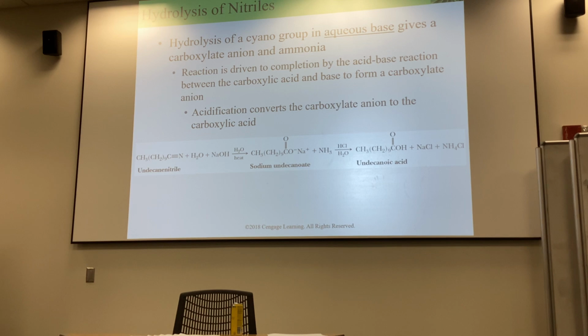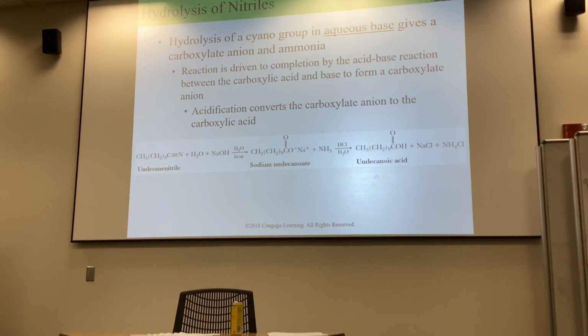Whenever you form ammonium hydroxide, which sounds like it's very basic, but doesn't actually have to be, and you acidify that, you're still going to have ammonium, but I guess ammonium chloride, and that's going to convert your carboxylate anion into the carboxylic acid that you wanted in the first place.